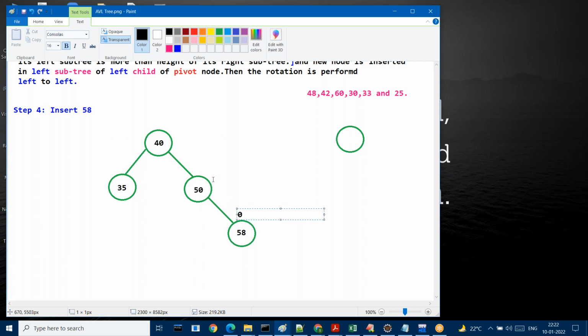Tell me, guys, balance factor of 58? 0. Next, balance factor of 50. Aniket, height of left subtree minus height of right subtree. -1, sir. Acha.